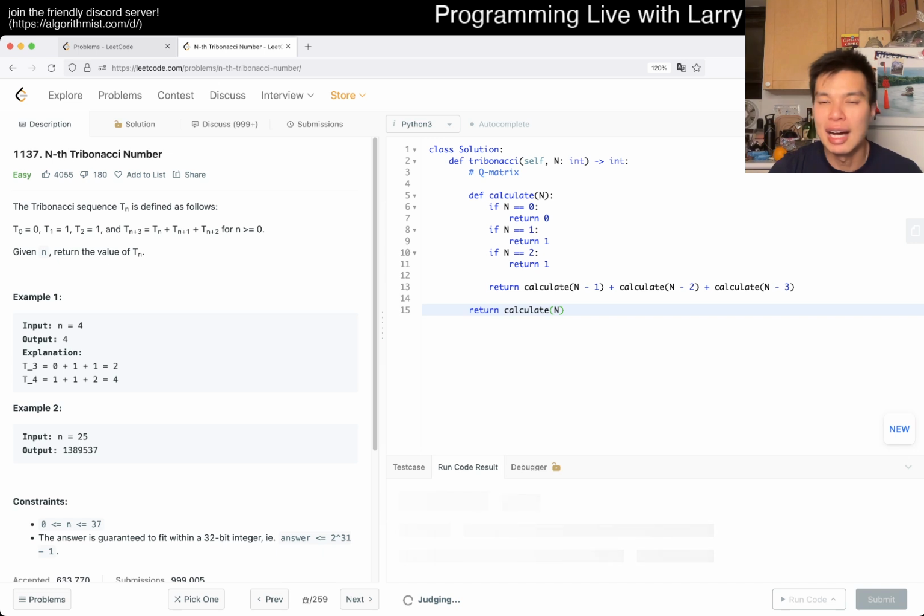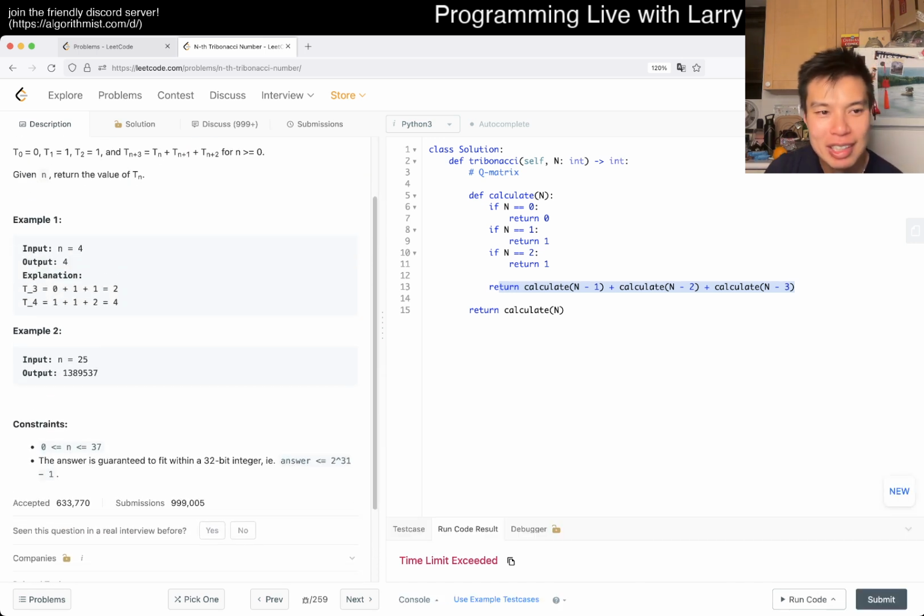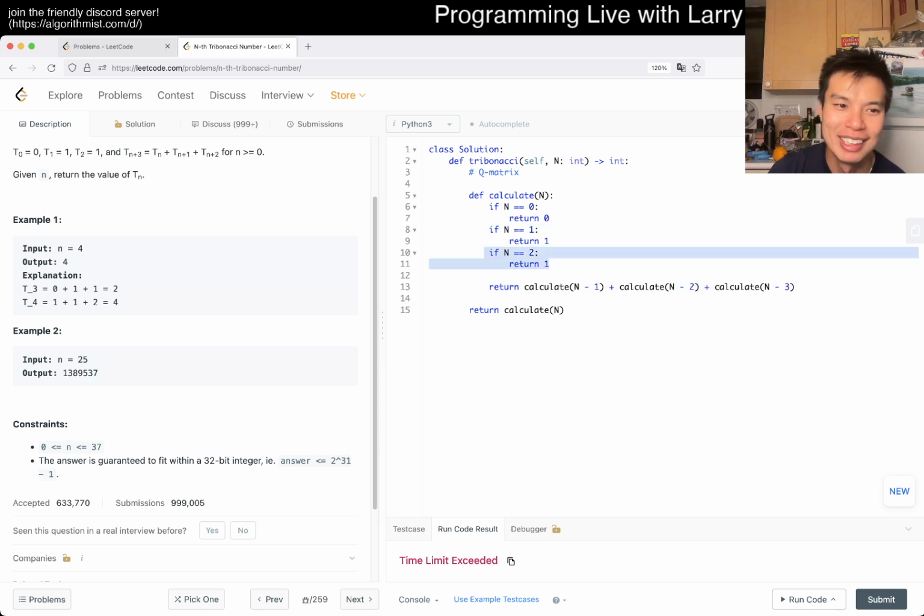The reason is that this branches out 3 times, and it does 1 operation per unit of answer, if you will. That means if n is equal to 25, it has hit either this one or this one a million times, literally. For 37, that's even way bigger.